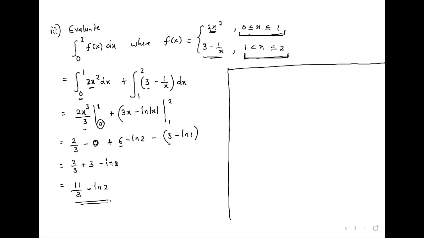I move to the second part. I substitute 2, where there's x, so I get 6 minus ln 2. Then minus, I now substitute 1. I put 1 here, I get 3. I put 1 here, I get ln 1. But ln 1 is 0. So it becomes easy for me to simplify. 6 minus 3 is 3. Then you do the addition.